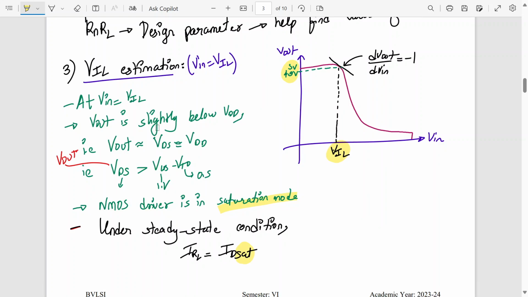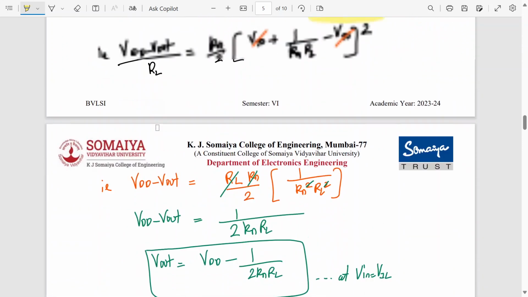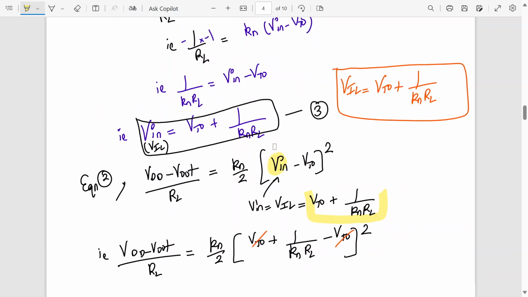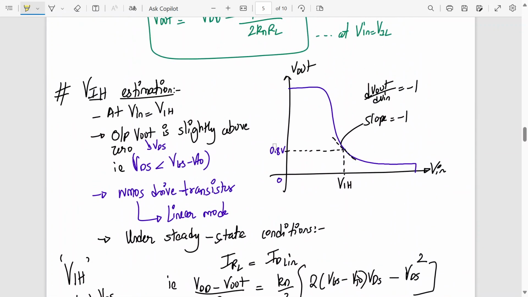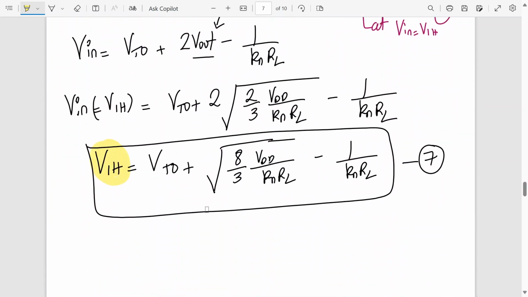Then we did the derivation for VIL and got VTO plus 1 upon Kn into RL, and finally VIH, in the form VTO plus square root of 8 by 3 VDD upon Kn into RL minus 1 upon Kn into RL.